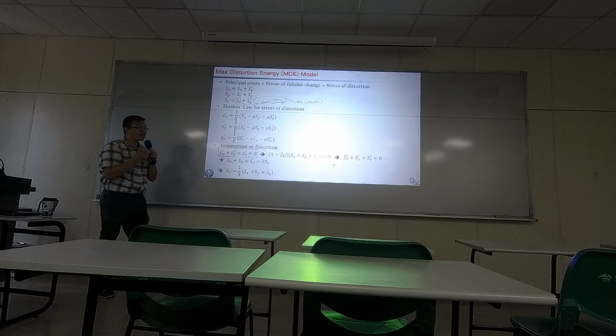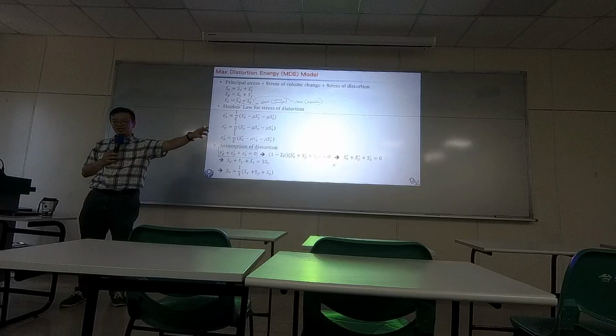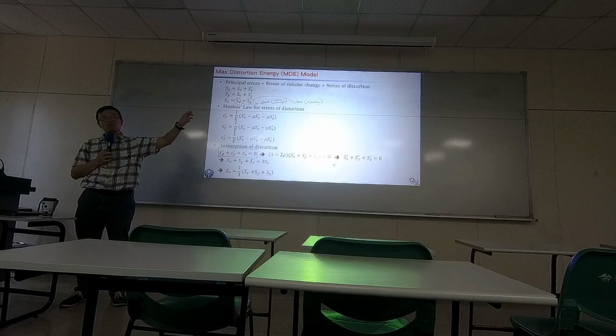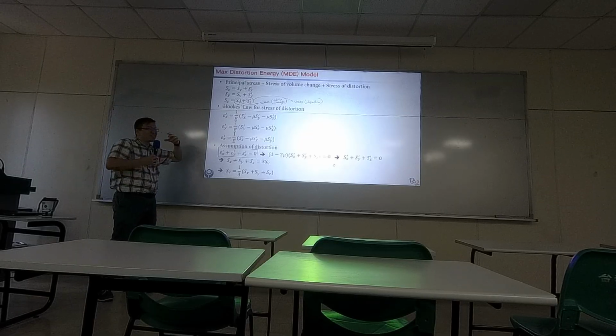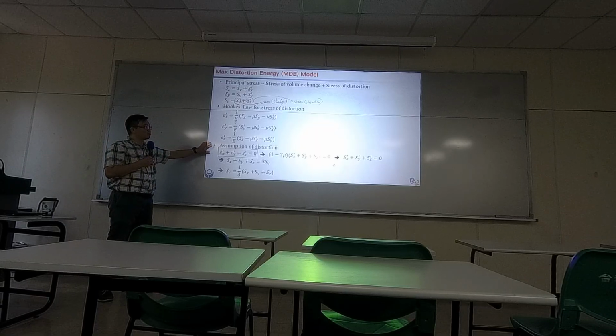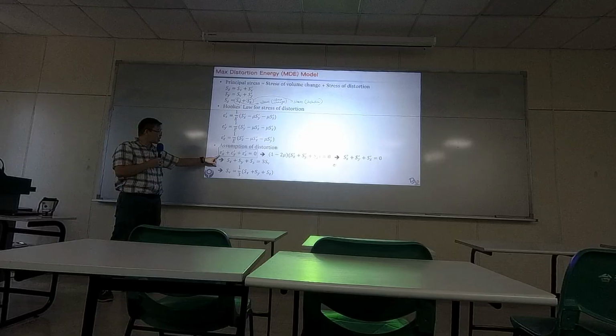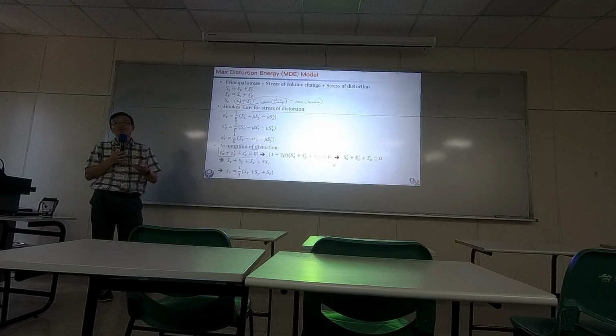In the previous page, we said for the distortion part, there's no volume change. So what's the equation that represents zero volume change? That equation is defined as the sum of the strain along all three directions equals 0.